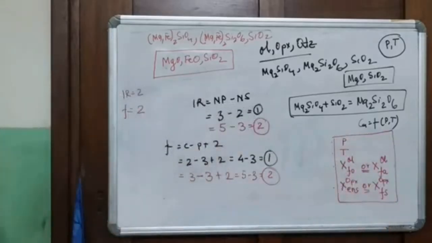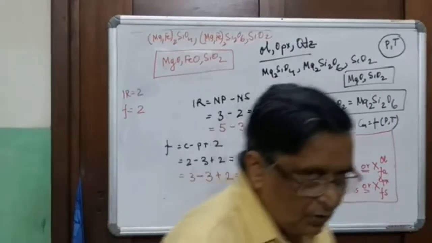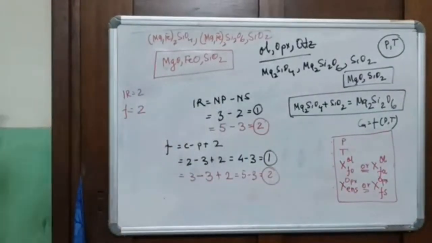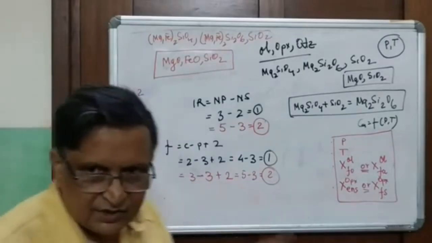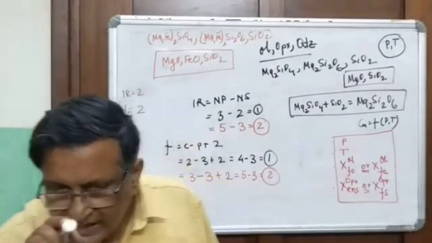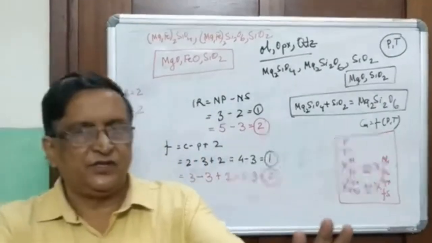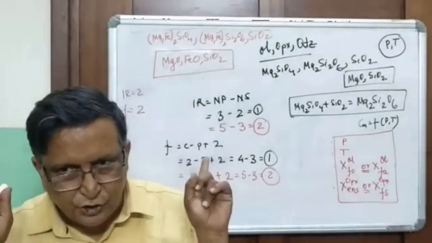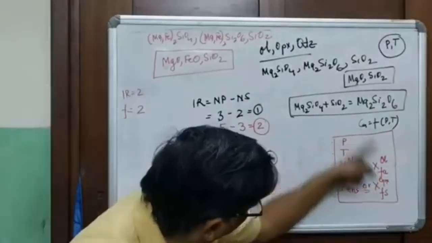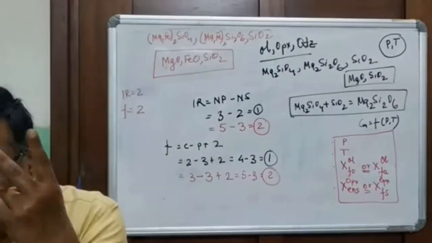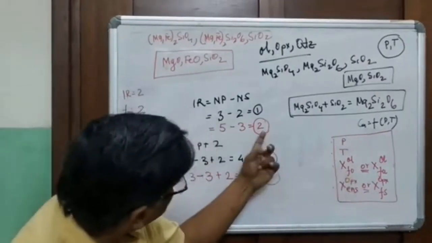If you have to find out 4 variables, you need 4 reactions. But your system says, out of the 4 variables, you have only 2 independent reactions. So your variance should be 4 minus 2, which is 2.